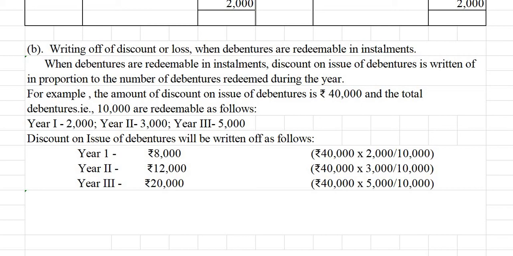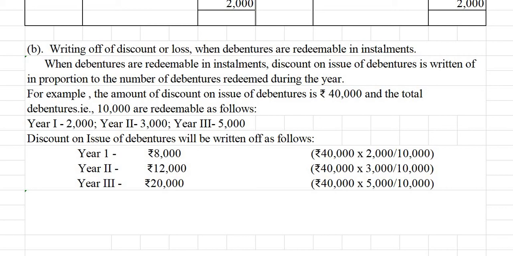That's 20,000. Now you can add all three amounts: 20,000 plus 12,000, 32,000 plus 8,000, 40,000. So in that way, all the 40,000 of discount is redeemed or written off.